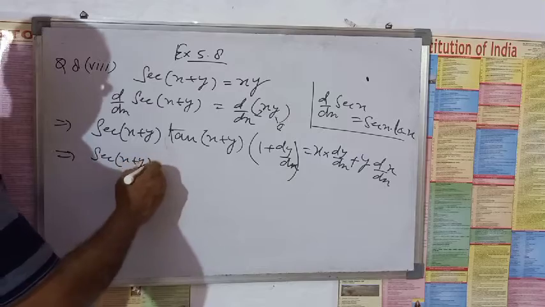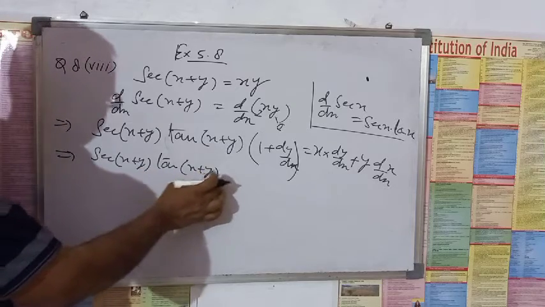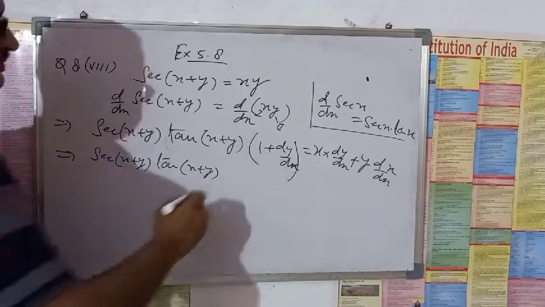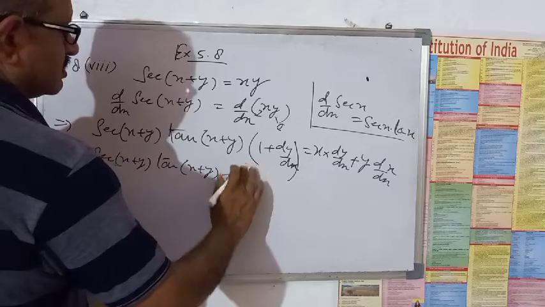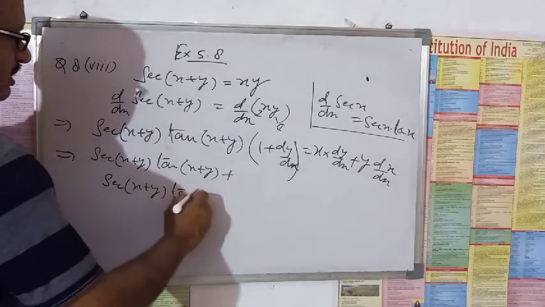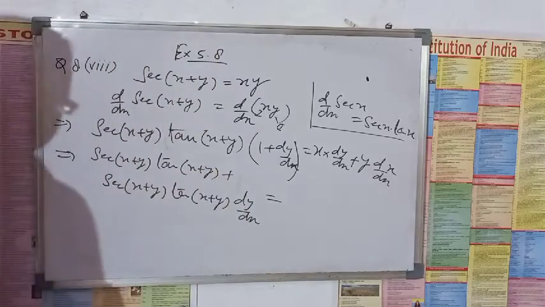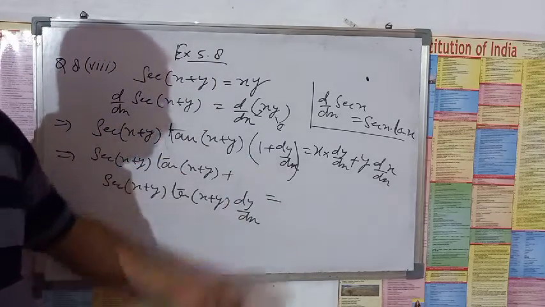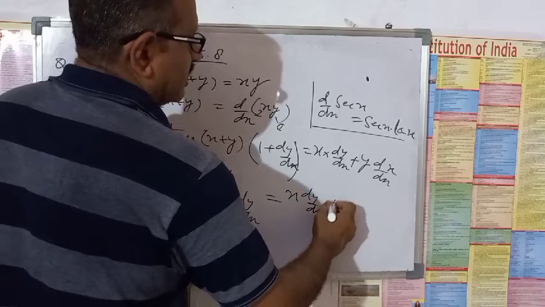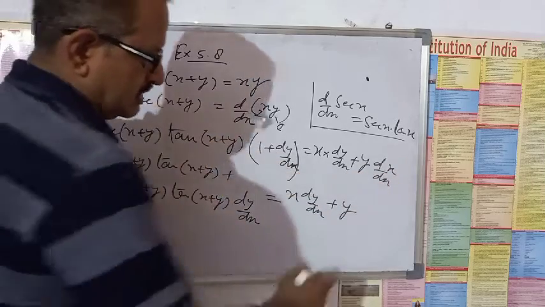So it is sec(x plus y) into tan(x plus y) into 1, so sec(x plus y) into tan(x plus y) plus sec(x plus y) tan(x plus y) into dy by dx is equal to x dy by dx plus y. D by dx of x is 1.